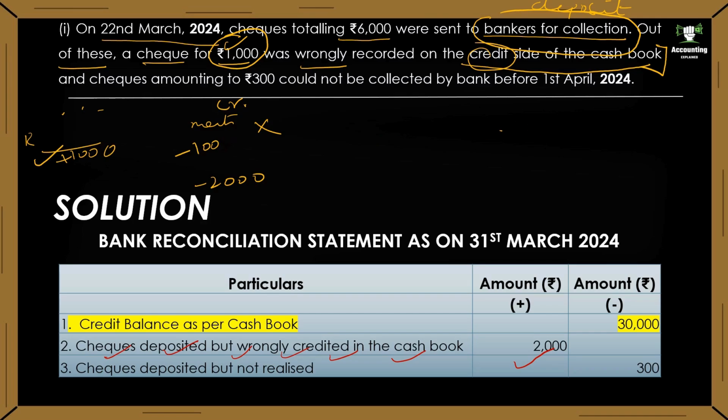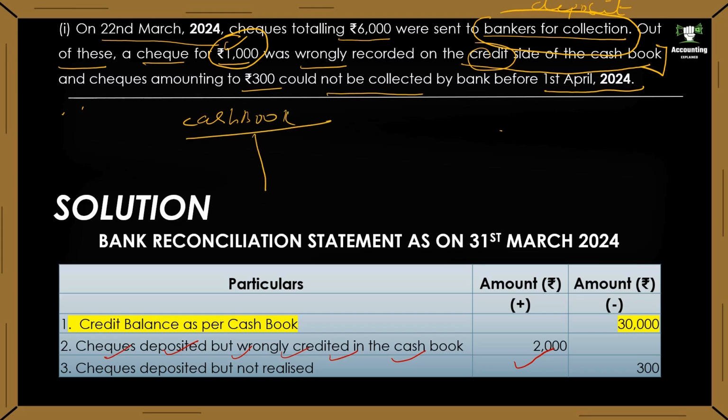Next thing, checks amounting to rupees 300 could not be collected by bank before 1st April 2024. So in the cash book, we have recorded that check under the receipts column correctly. But the passbook is the opposite, no?